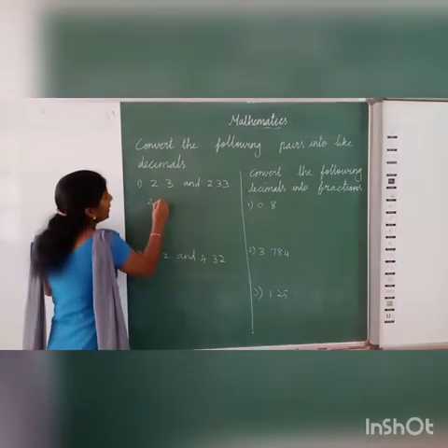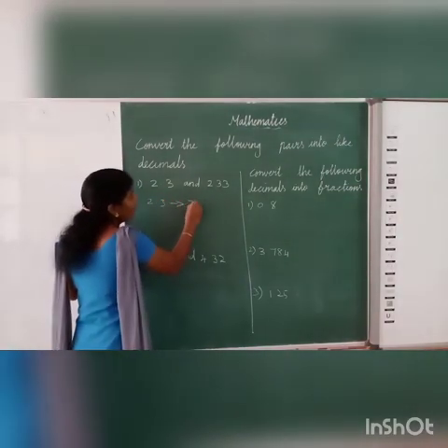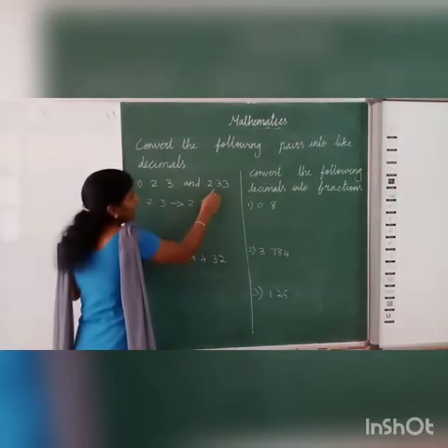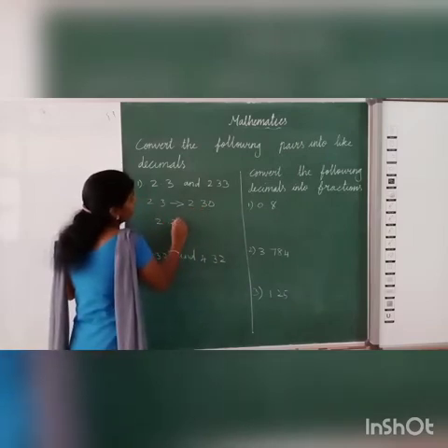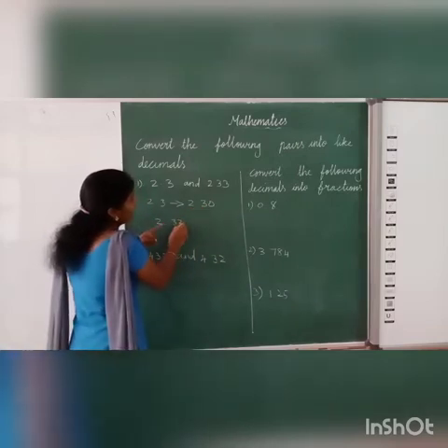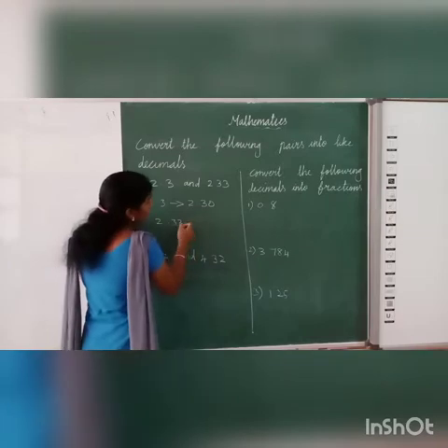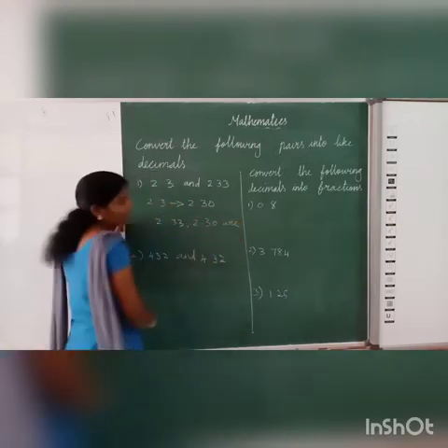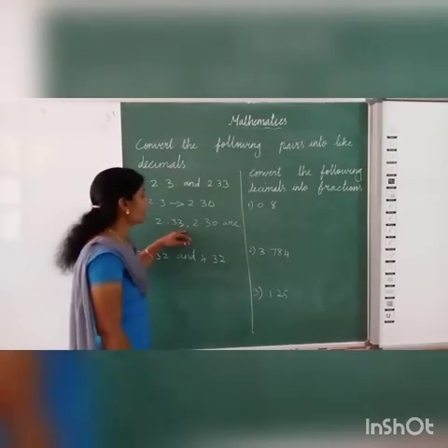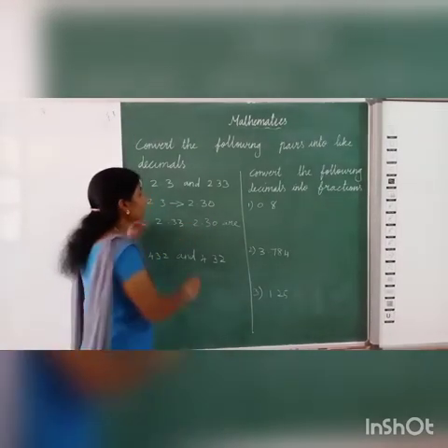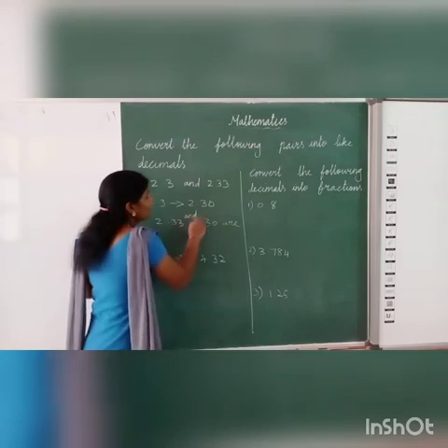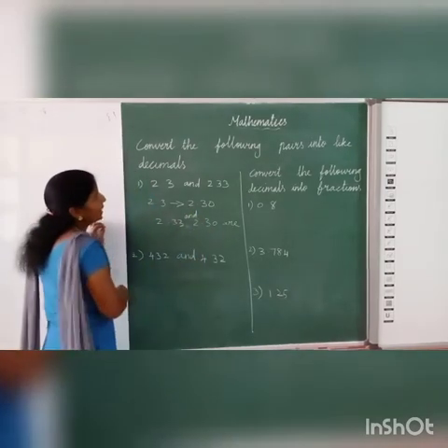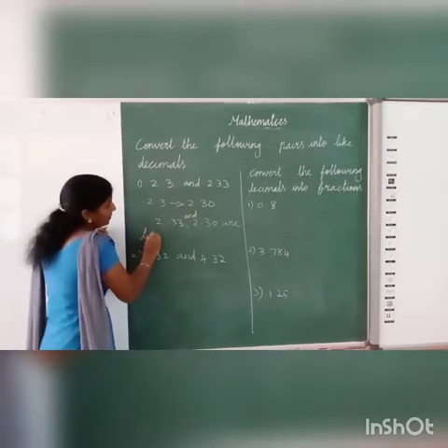So 2.3 we can write 2.30. Then here 2.33. Now we can say 2.33 and 2.30 are like decimals, isn't it? Okay?